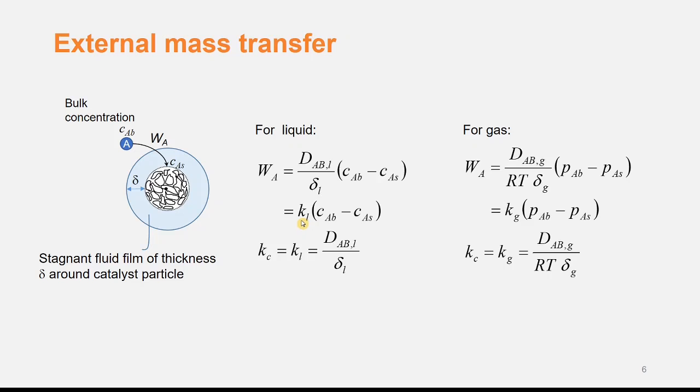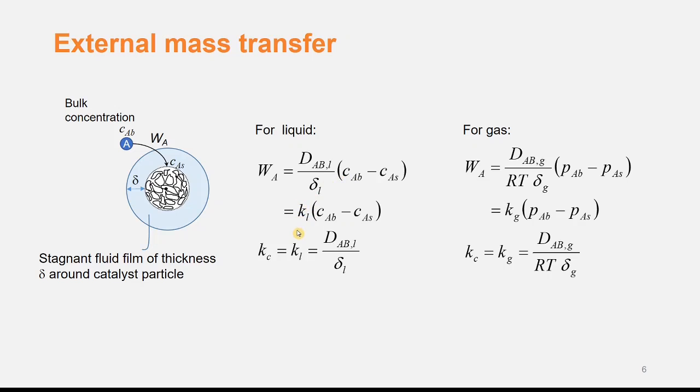So for a liquid, the mass flux from the bulk to the surface of the pellet is CAB minus CAS times the diffusivity of A in the liquid divided by the film thickness. And this is equal to the same concentration difference times the liquid mass transfer coefficient, KL.